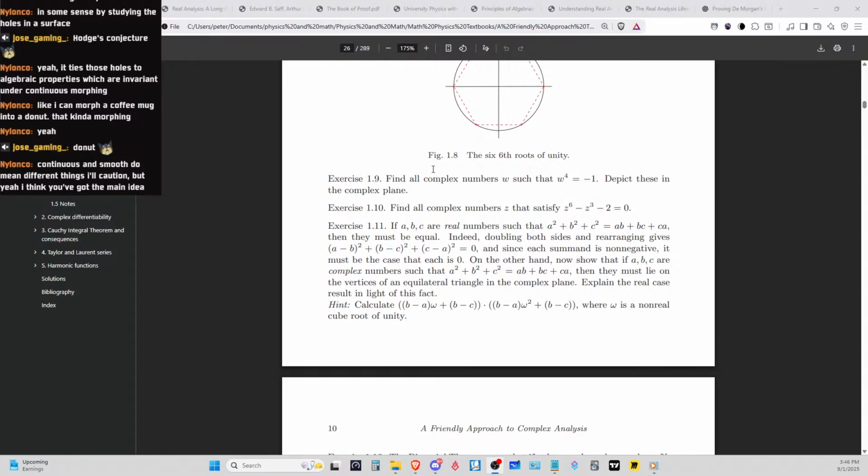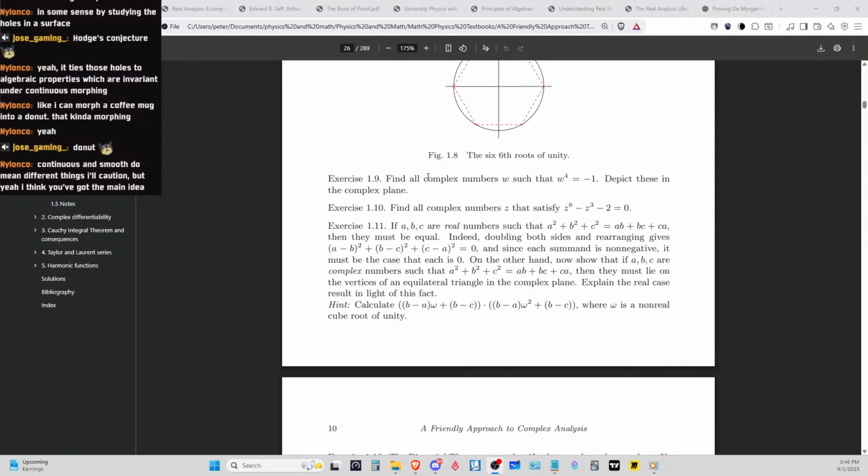Continuous and smooth do mean different things. I'll caution, but yeah, I think you got the main idea. Yeah, so what is it? I know something can be continuous without being smooth. So what's a good way of actually thinking about the differences? Because whenever I think of something continuous, I think of it as curvy and smooth.